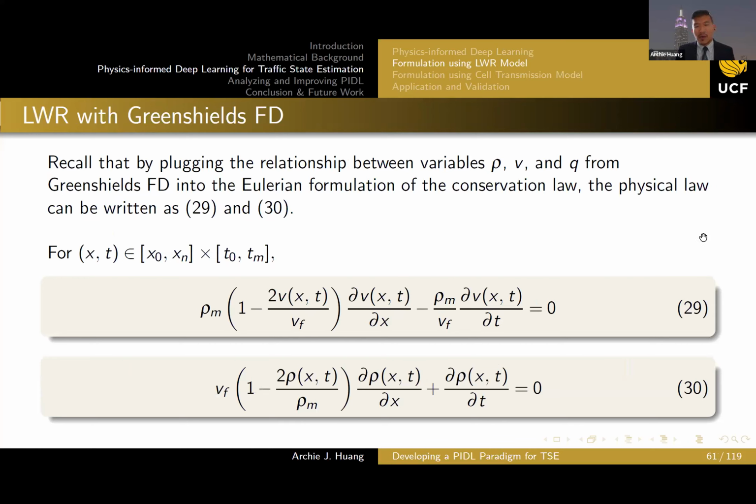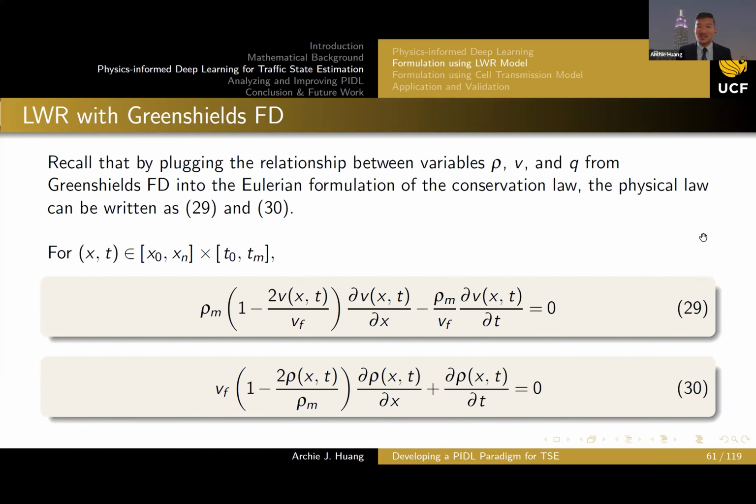Recall that the reason we are using the fundamental diagrams here is because they relate traffic state variables by their modeling functions, such as the Green-Shields fundamental diagram, and other fundamental diagrams such as Daganzo, and inverse lambda.